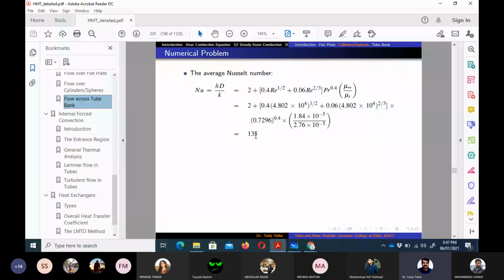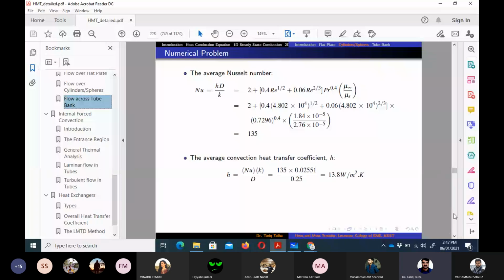So once we get the Nusselt number, it is just a straightforward thing to calculate h by this relation which is given here. Nusselt number is equal to hD upon k. So from here, h is equal to Nusselt number multiplied by thermal conductivity of the fluid divided by the diameter of that sphere.